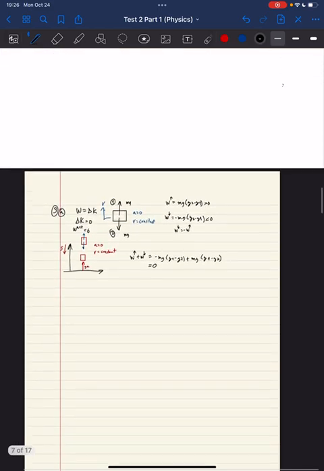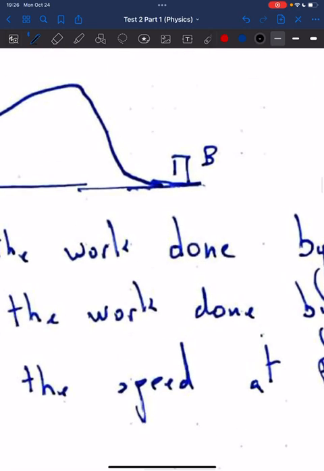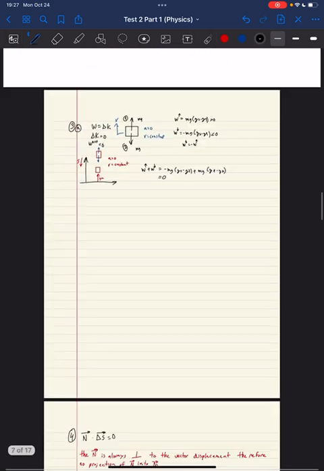Now part C says, what is the speed at point B? Point B, here we say is potential. Okay, let's go.